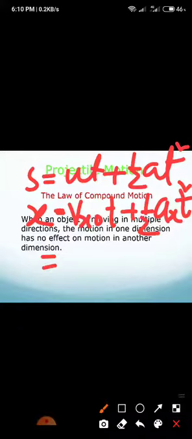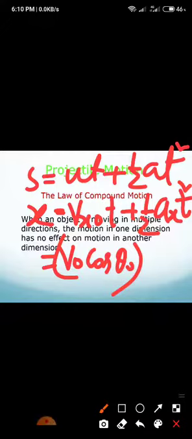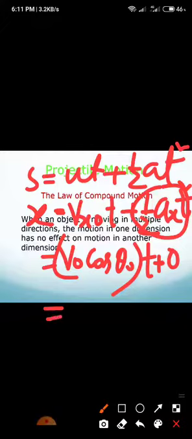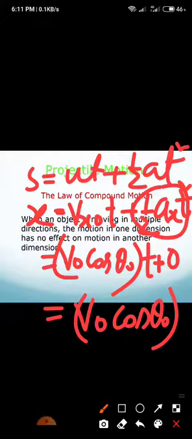So what is the value of Vx naught? In my previous class I lectured that it is V naught cos theta naught, into t, but the acceleration part is 0, so that is V naught cos theta naught into t.